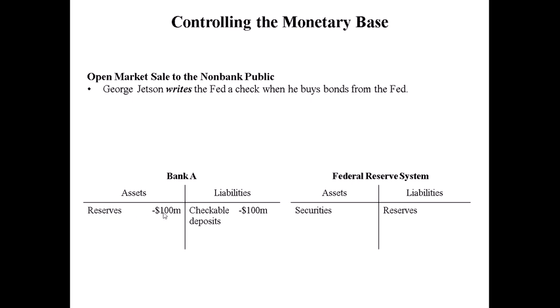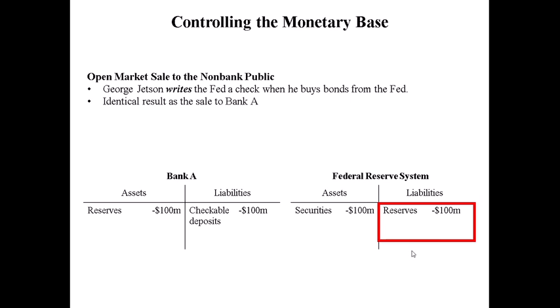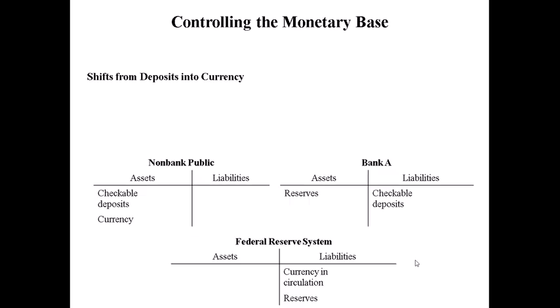Bank A's reserves fall by $100 million. Assets balance with liabilities here, and net worth is not changing for Bank A. Because Bank A's reserves fell by $100 million, the Fed's liability for reserves fell by $100 million. And the Fed, remember, triggered all this by giving $100 million in securities to George Jetson. And this reduces the monetary base by $100 million.